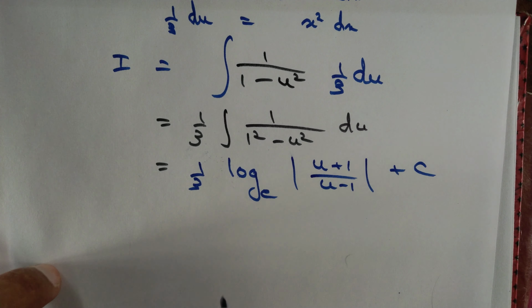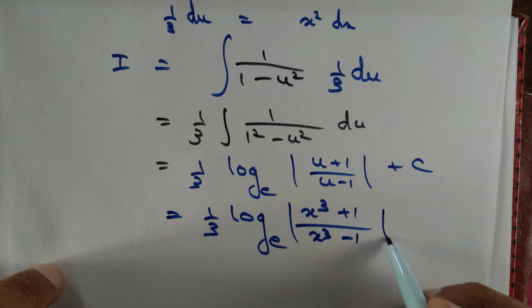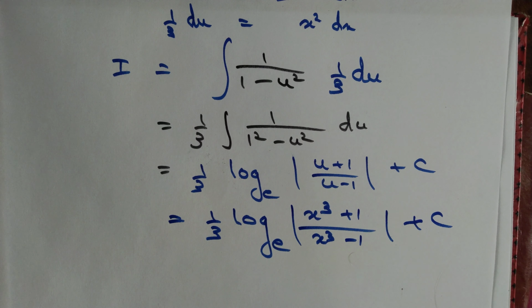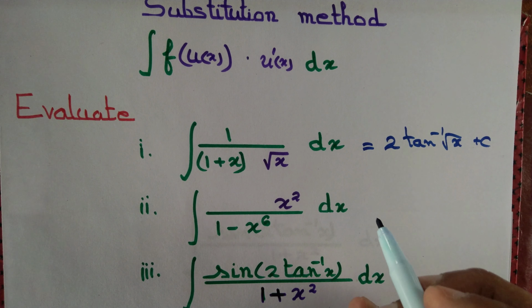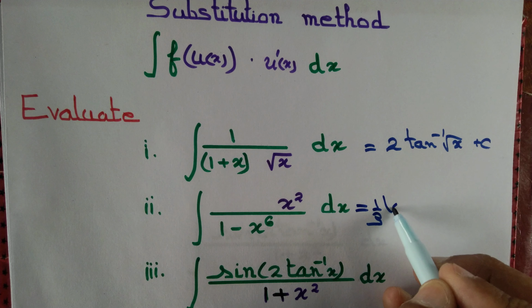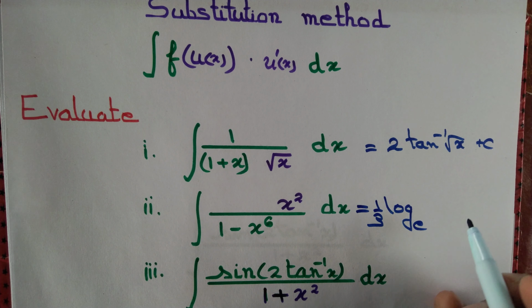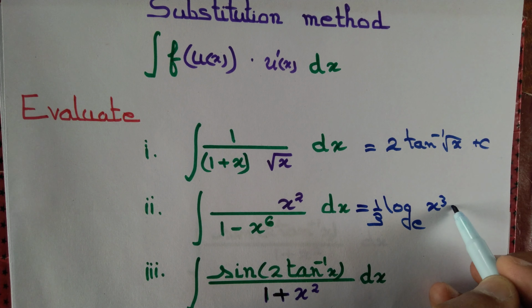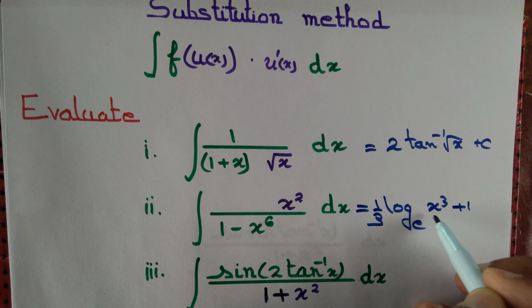So this is equal to 1/3 of log of x cube plus 1 by x cube minus 1 plus some constant of integration. So the second integral turns out to be 1/3 of log of x cube plus 1 by x cube minus 1 plus some constant of integration. What about the last one?